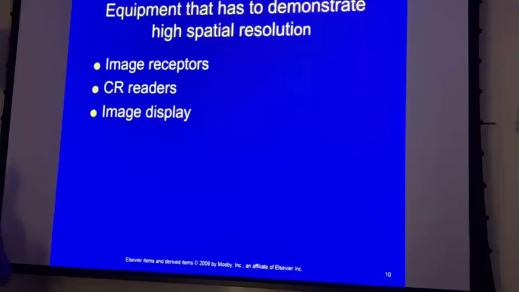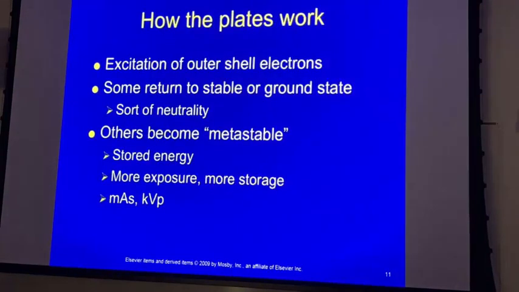We had to have consistency in the time travel of the image receptor as the CR plate went through. It had to be consistent. That was your slow scan. Then you had the fast scan that was actually scanning the plate as it went through. So we've got CR readers factored into that, and then we've got image display, and that will be your matrix on your monitor.